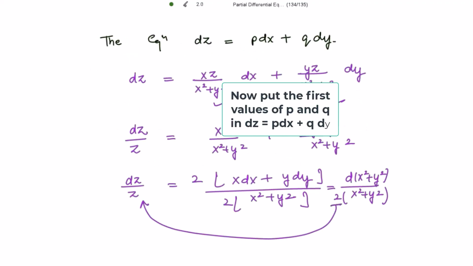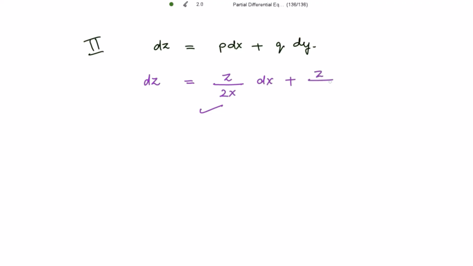Another way, by putting the first values of p and q in this. The second way, I'm going to use the first value of p, that is z divided by 2x dx. For this value of p we have got the value of q to be z divided by 2y dy.